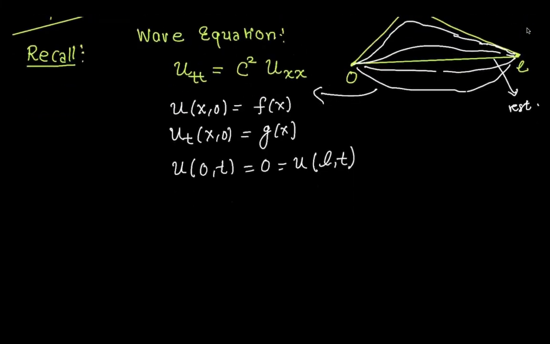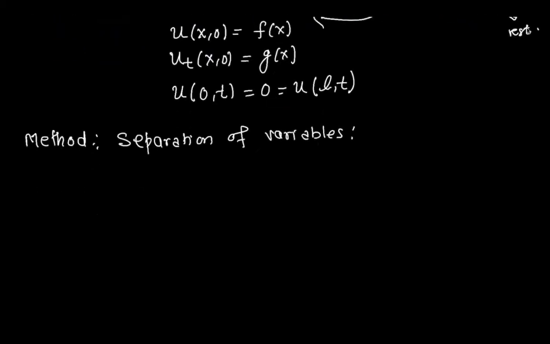Then we use method number 1 from the last class meeting, the method of separation of variables, and we get the solution u(x, t).